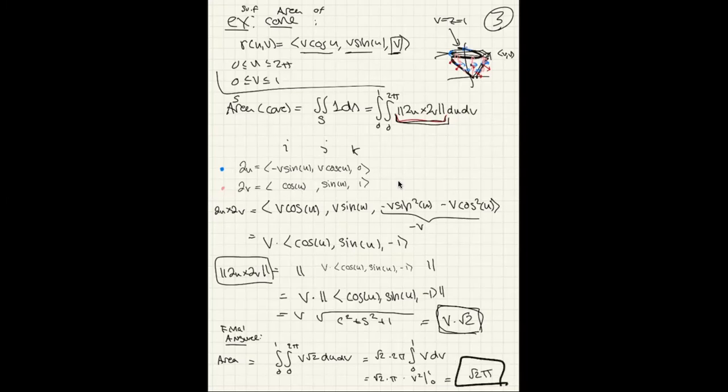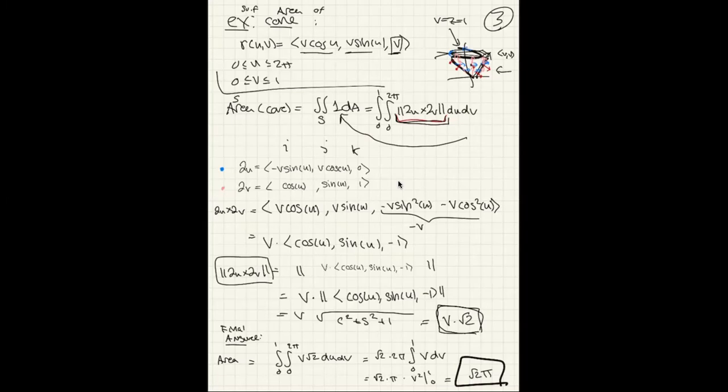Okay. So what we've done is we've integrated the constant function 1 over our surface. So in theory, you can integrate different functions over the surface. For example, imagine this piece of cone is made out of some tinfoil, and the tinfoil at different locations has a different mass density, and that's modeled by some function f.